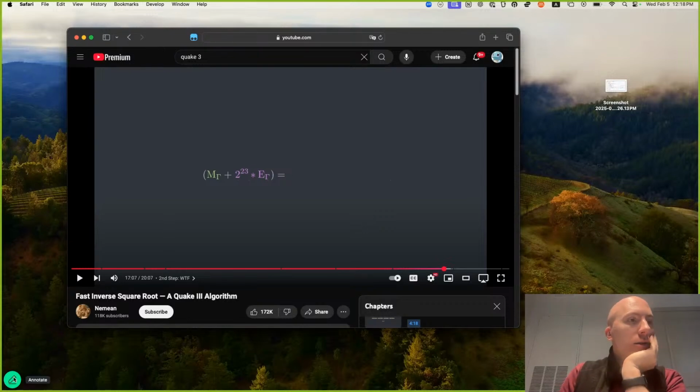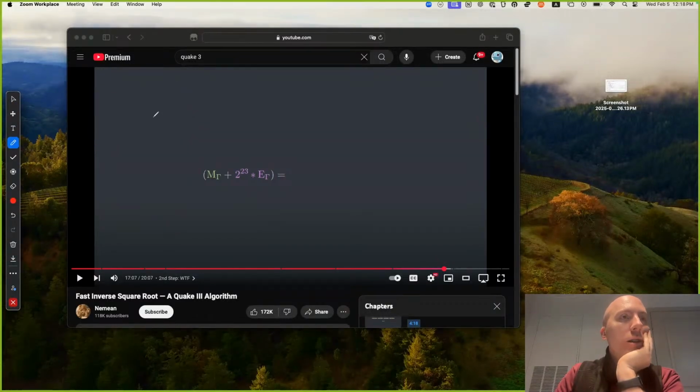Maybe instead of saying gamma is equal to the mantissa of gamma plus 2 to the 20th times the exponent of gamma, we could say gamma is equal to this real number right here. And then what if we say b of gamma, which is a member of the 23-bit floating point representation.